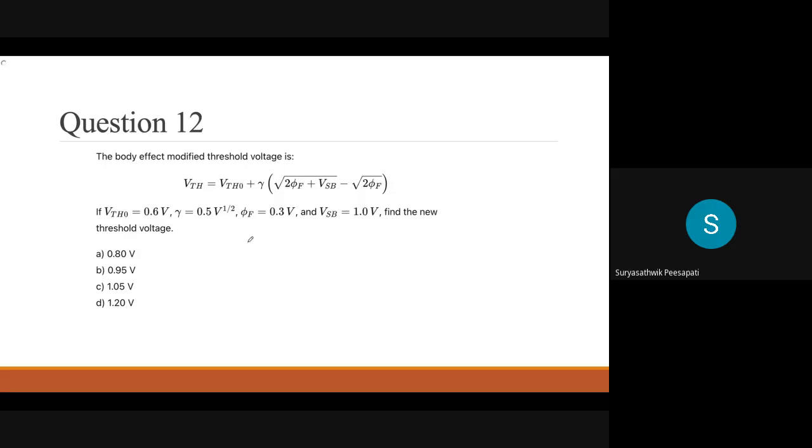How have you calculated this option? Ma'am, I have taken VTH equals VTH0 plus gamma times root over (2phiF plus VSB) minus root over 2phiF. Yes, 0.6 plus 0.5 into root over (0.6 plus VSB). So what is the value of VSB? It is 1. So 0.6 plus 1 minus root over 0.6. Just directly calculate the value.